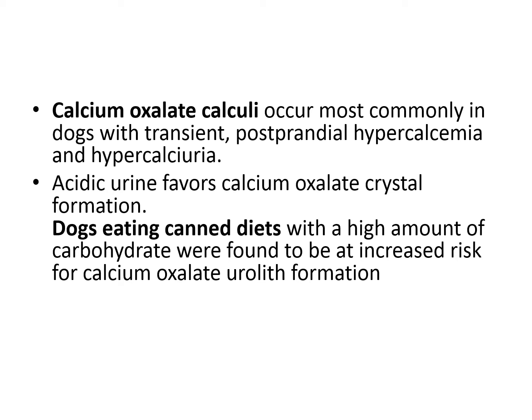It can turn the urine acidic, and ultimately that acidic urine can favor the formation of calcium oxalate crystals. So these calcium oxalate crystals can ultimately turn into calcium oxalate calculi.